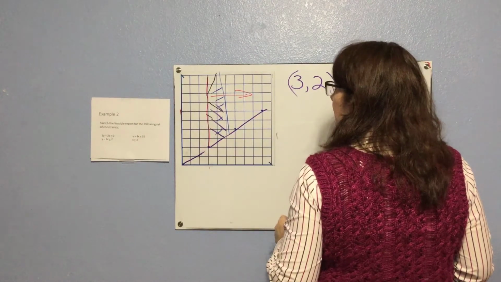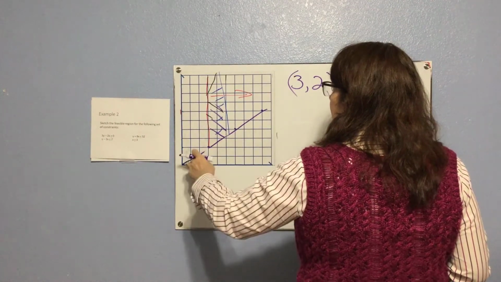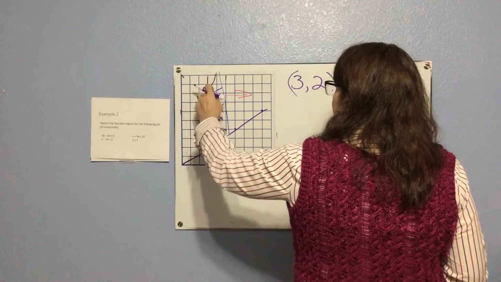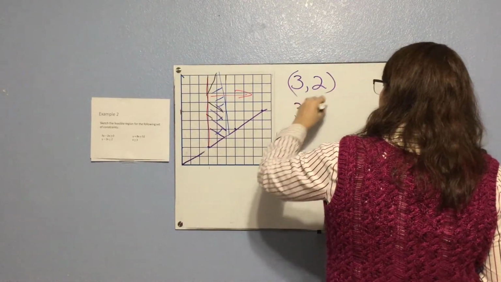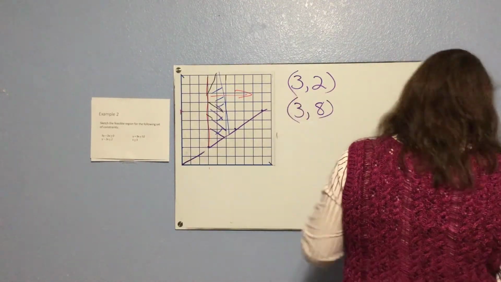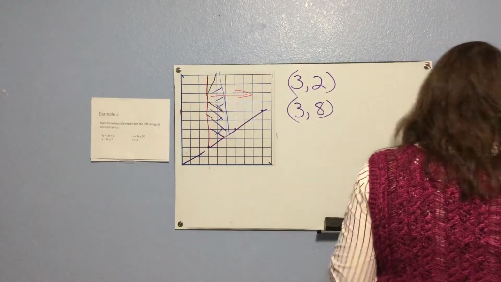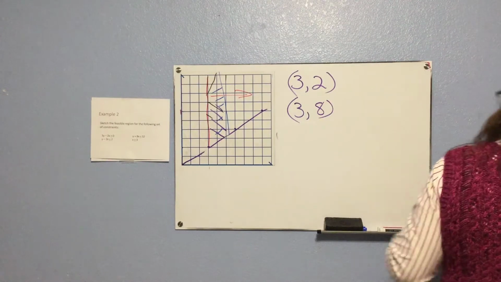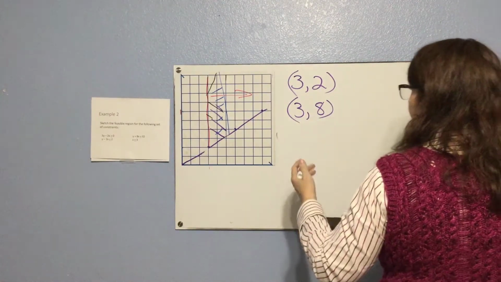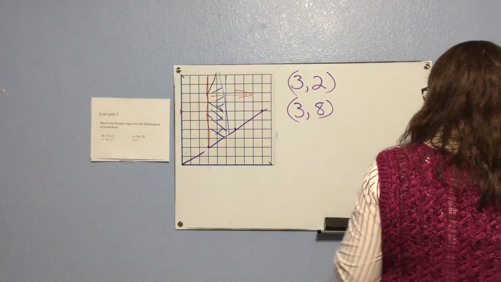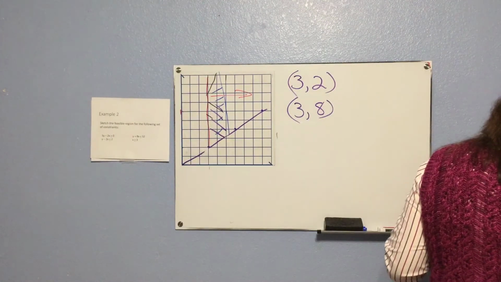This point is going to be 3, 8. And then the other 2 points that aren't on that vertical line, we're going to have to solve either algebraically or graphically. I would recommend algebraically because the graph's just not going to be accurate enough.